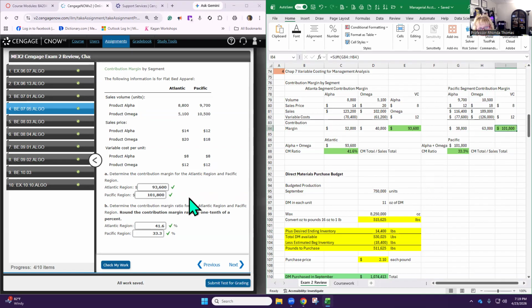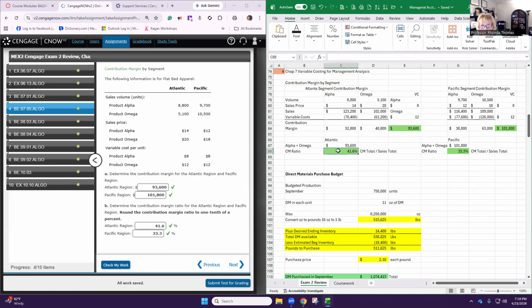Now they want the contribution margin ratio for each of these segments, right? So here's the number when you add those two together, which is also right here. Now, how do you get the contribution margin ratio? It's your total contribution margin divided by your sales total. Well, we don't have sales totaled, but we do have both of them here.